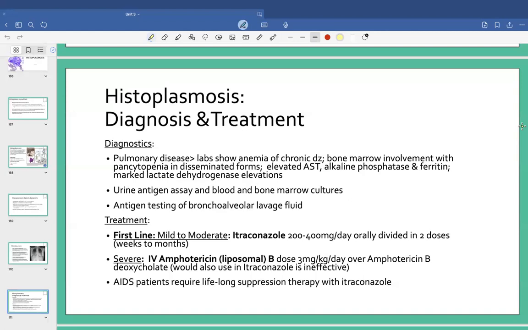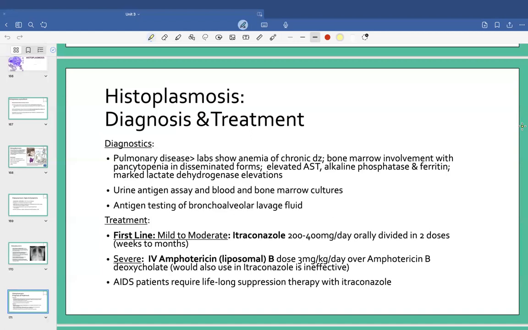So you would start with itraconazole if possible. Severe would be amphotericin B. Remember, severe invasive, amphotericin. So we're going to start with itraconazole, first line. If the patient has severe symptoms, we're going to do IV amphotericin B.